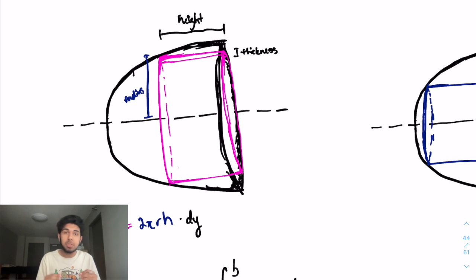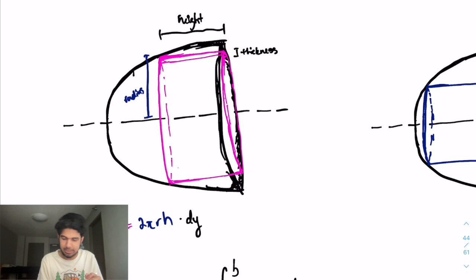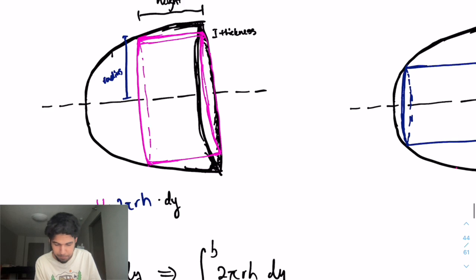And remember, we're computing the volume of this. This is the radius here. This is the height of the cylinder, and it has a very thin thickness. So the volume will be given by 2 pi r h times dy.